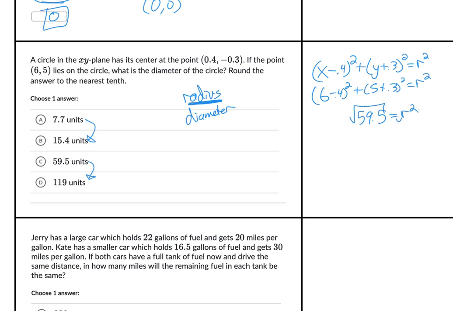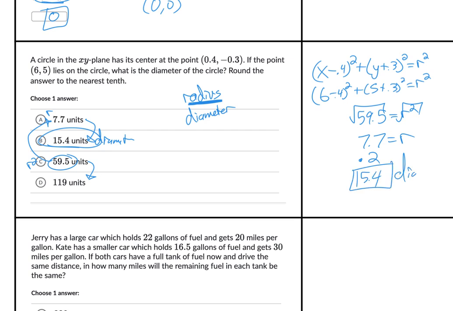I should have made this leap also, that the square root of 59.5 is about 7.7. And so this was r squared, this was my r, which means this is my diameter. Okay, but that's how you calculate it. So we're going to then times that by 2 to get 15.4 for the diameter.